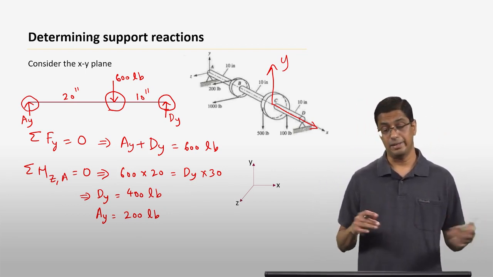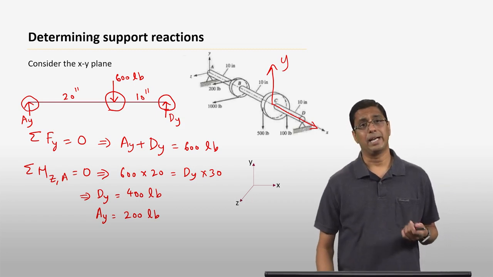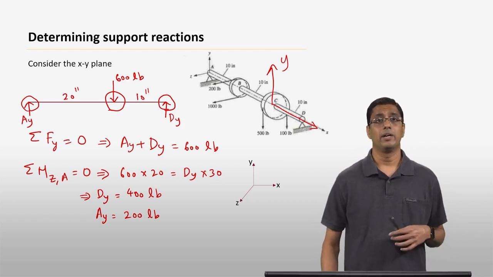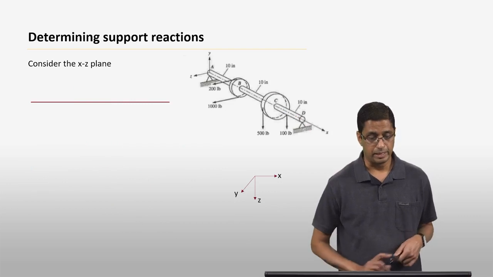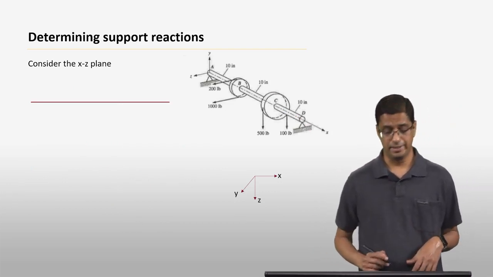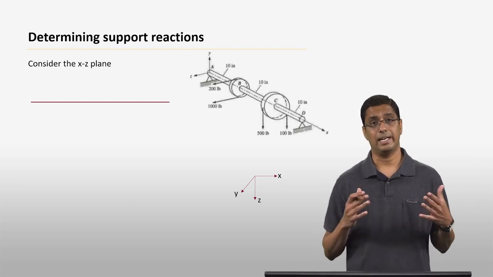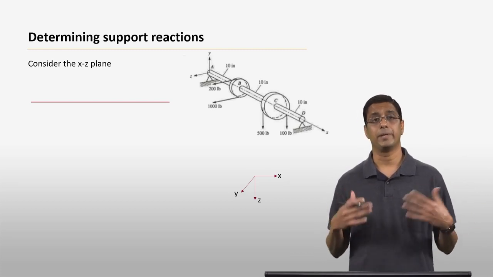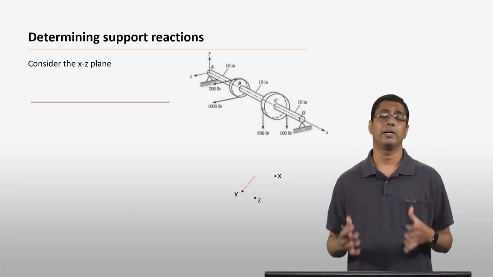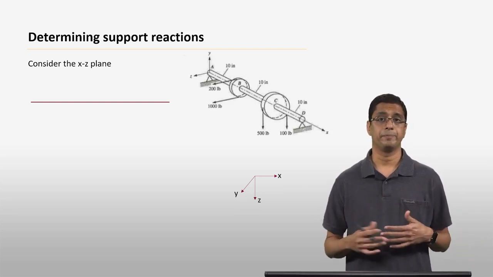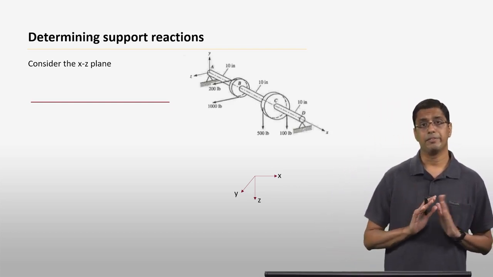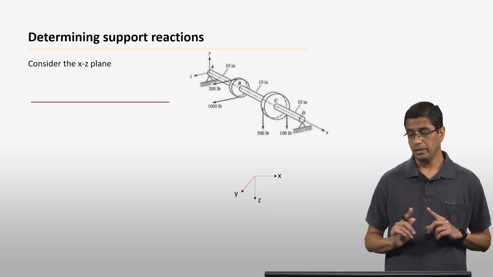Now what I'm going to do next is the same thing for the xz plane. Again, if you look at the xz plane here, we will assume the reaction forces at point A and point D to be in a particular direction and see whether our assumptions are correct or not. Before we go any further, I want you to pay attention.